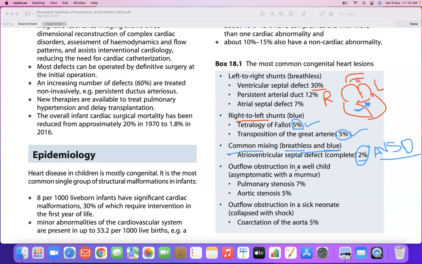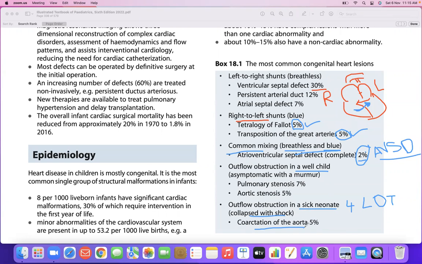Then our next point is the outflow obstruction in a well child and outflow obstruction in a sick neonate. That means the neonate can come to you collapsed with shock. Most commonly, the neonate coming collapsed and in shock will have coarctation of aorta, but we have four left heart outflow tract obstruction lesions which can present as the sick neonate collapsed with shock.